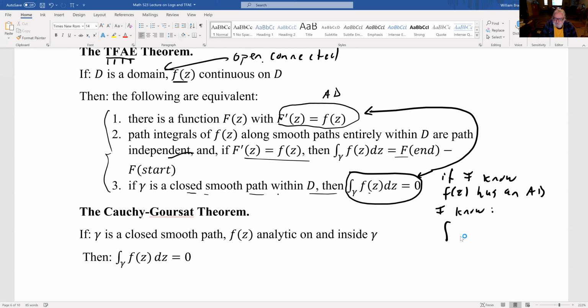One is that the integral around gamma of f equals 0 as long as gamma is a closed path, and the other is the integral along paths that aren't closed. It's pretty much like the fundamental theorem of calculus. Take the antiderivative, plug in the ending point, plug in the starting point, and subtract.